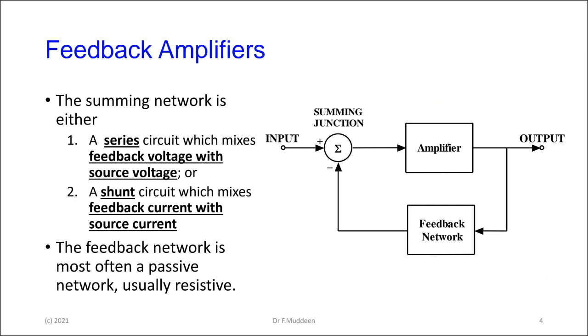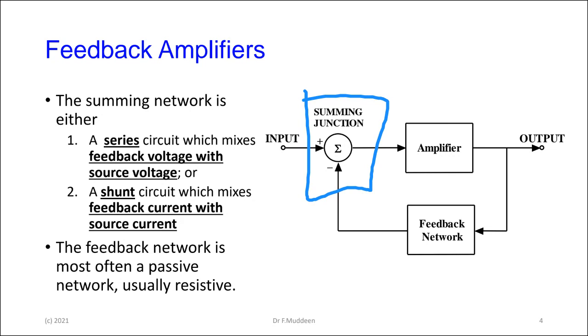Now the summing junction, or the summing network. If you have a series circuit inside of here, it's going to feed back a voltage into the system. And if it is a shunt circuit, it's going to feed back a current.